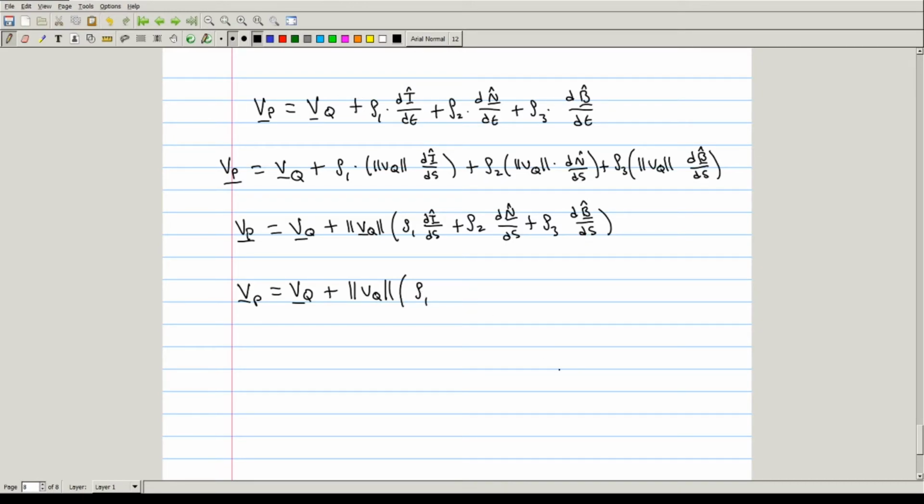The first Frenet-Serret formula gives us that this is rho 1 times kappa times n hat. The second Frenet-Serret formula gives us that dn hat/ds is negative kappa t hat plus torsion tau times b hat, and the third Frenet-Serret formula gives us that db hat/ds is just equal to negative tau times n hat.